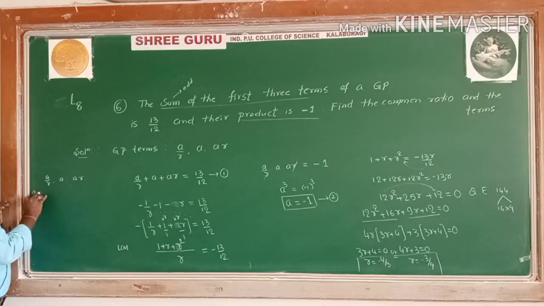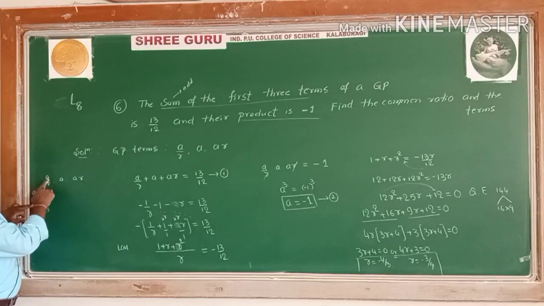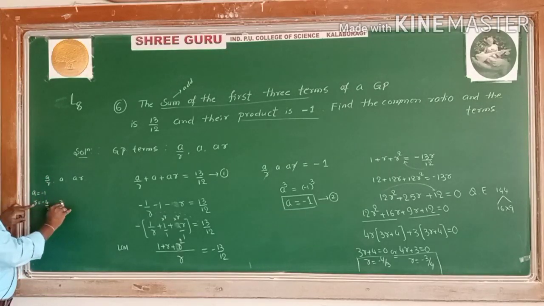A value is minus 1, fixed. R value is what? The first one is minus 4 by 3. The first term is what? Minus 1 divided by minus 4 by 3 becomes 3 by 4.